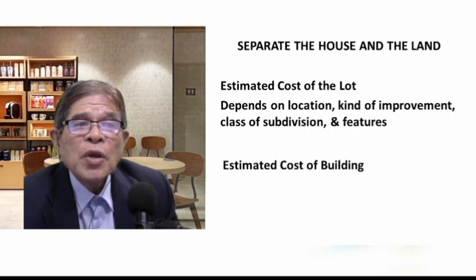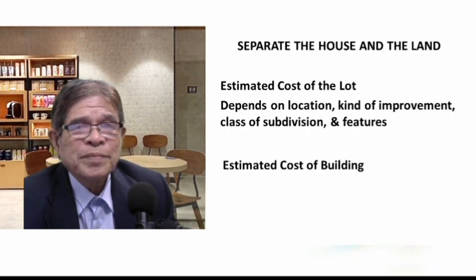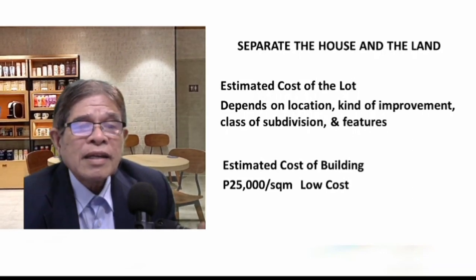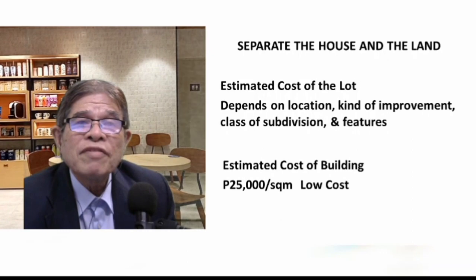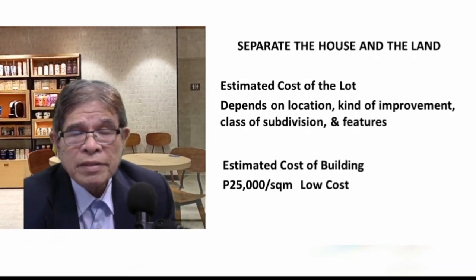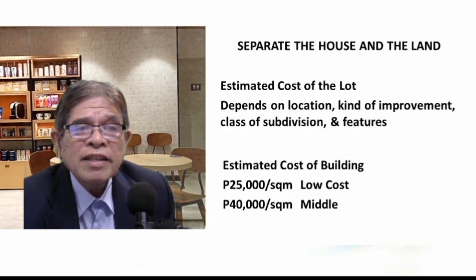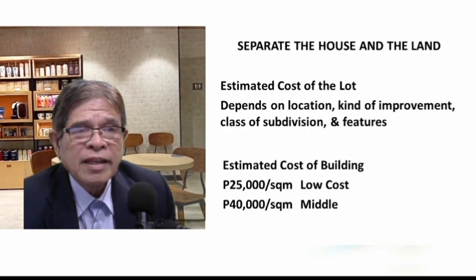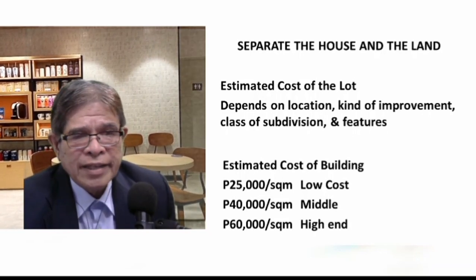Then you also have to estimate the cost of the building. The generally accepted price based on experience is 25,000 per square meter for low cost and 40,000 per square meter for middle housing and 60,000 and above for high end.